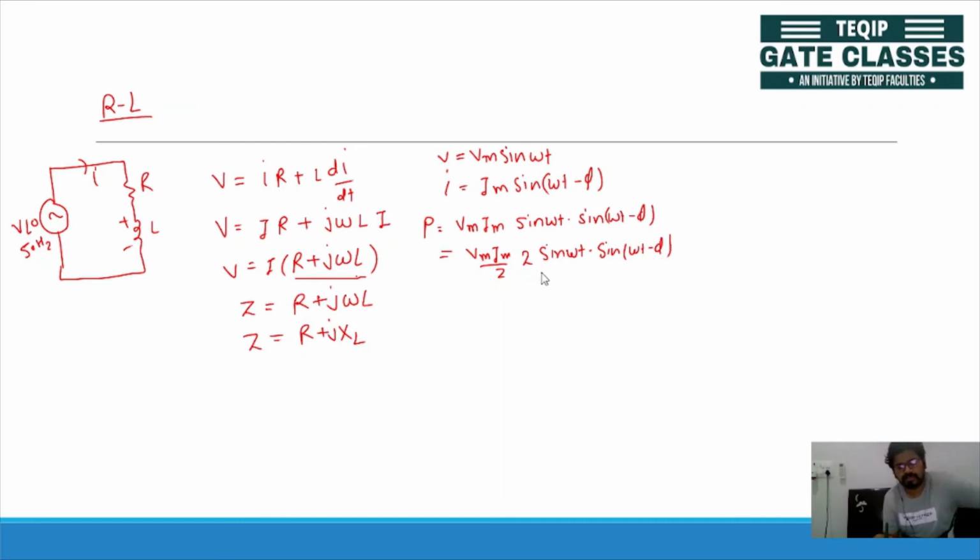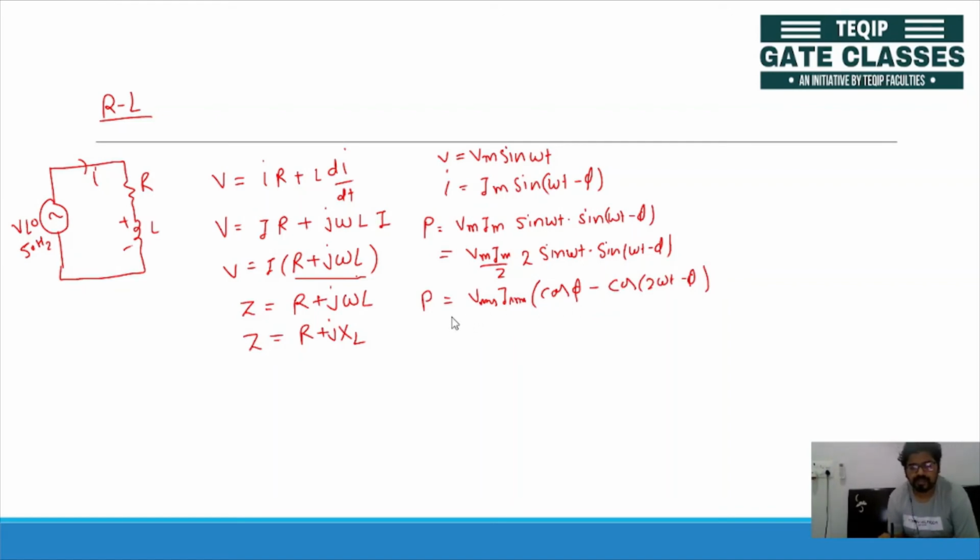So you can apply this trigonometric relation: sin A into sin B is equal to cos of A minus B minus cos of A plus B. Then you will get what? Vm by root 2, Im by root 2, so you can write Vrms, Irms. Here you will get cos A minus B, which means cos phi, minus cos A plus B, which means cos of 2 omega t minus phi. So this is your instantaneous power.